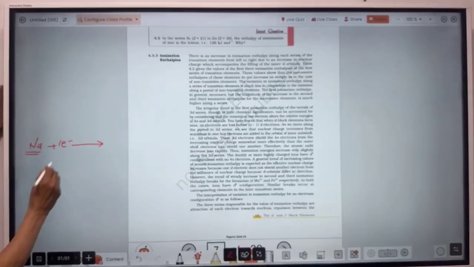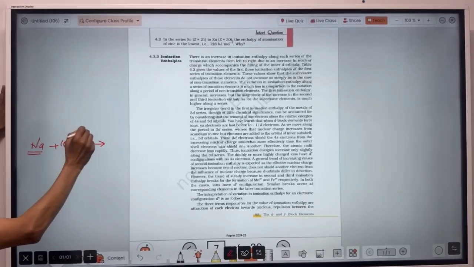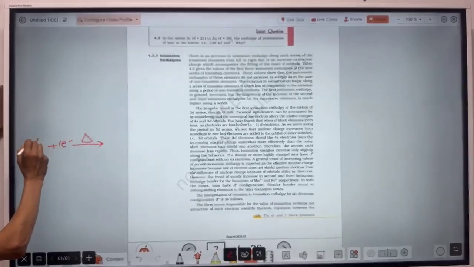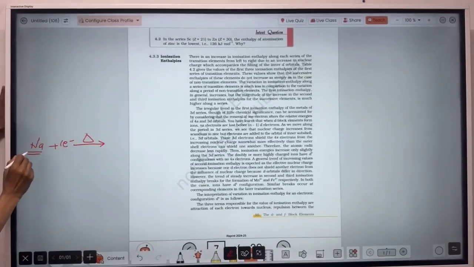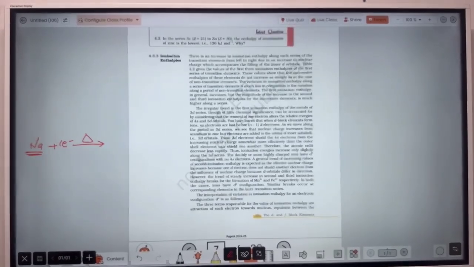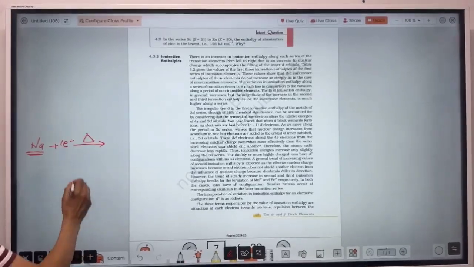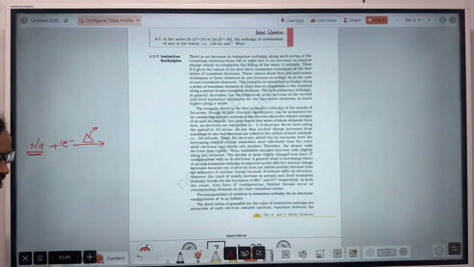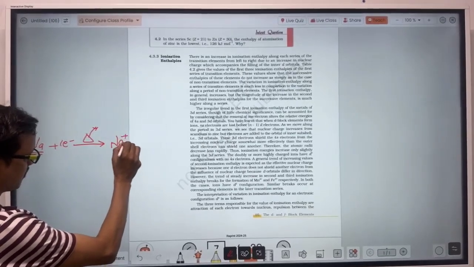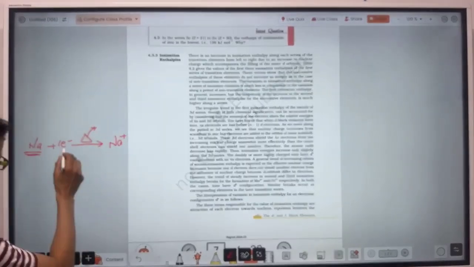How much energy will we have to provide to loosen the most loosely bonded electron from sodium? This amount of energy will be called ionization enthalpy. Here that will be Na plus and an electron.